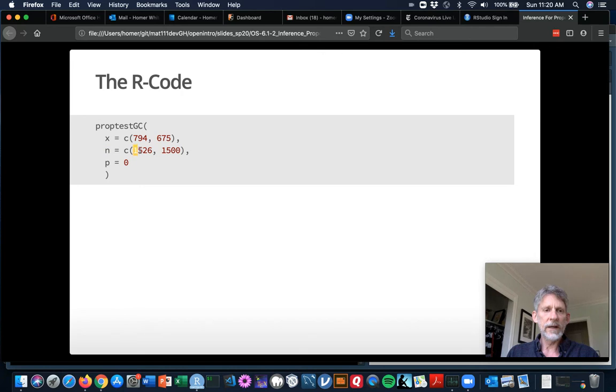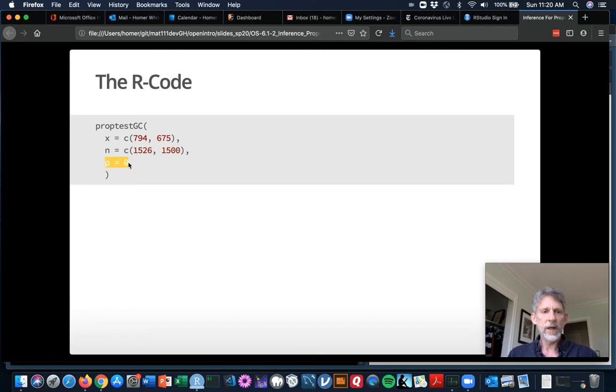It's the concatenation of the size of the first sample and the size of the second sample. And you got to make sure they go along with each other. The first is the October sample. The second is the June sample.